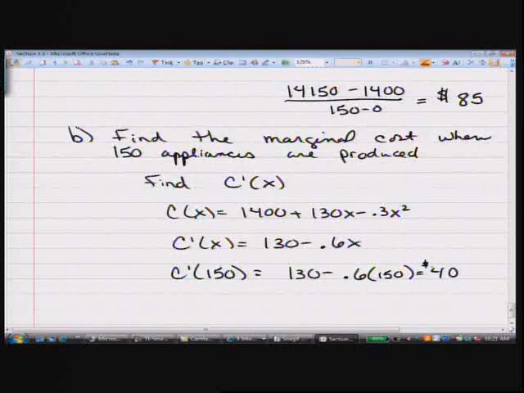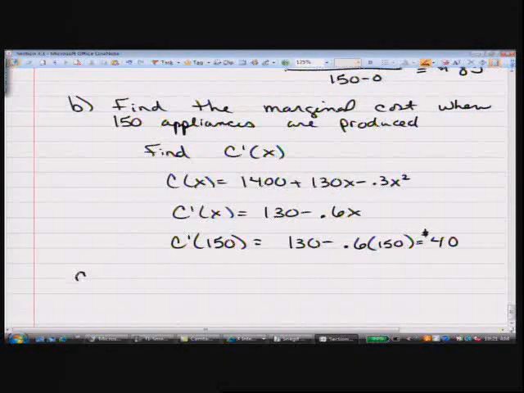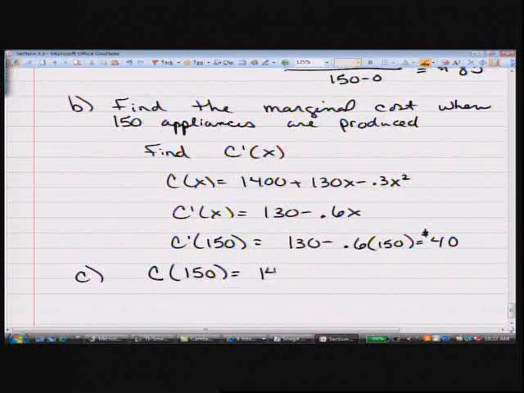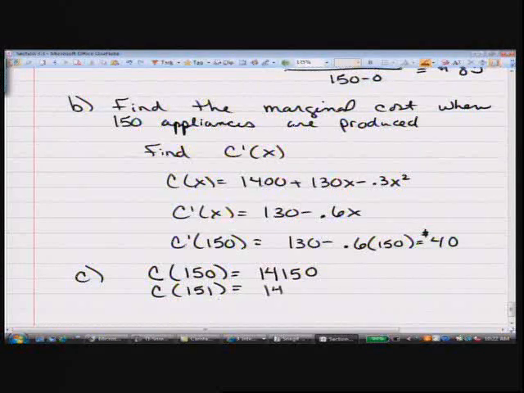That's what they mean. So the next question is show that the marginal cost when 150 appliances are produced is approximately the cost of producing one more appliance after the first 150 have been made by calculating the latter cost directly. So if I calculate what it would cost to produce 151 appliances, we know the plain old cost of 150 appliances was 14,150. If I were to calculate the cost to produce 151 appliances, just plug it into the equation, I get 14,189.7.